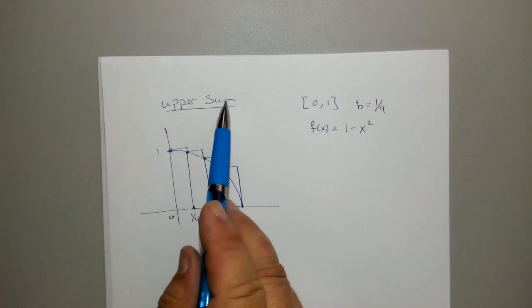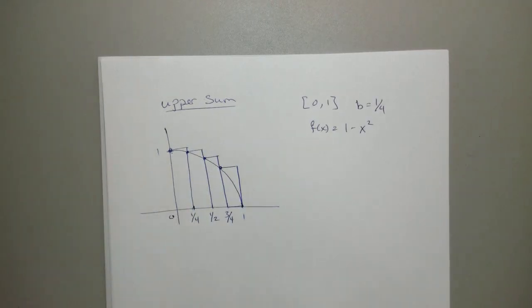Remember, for the upper sum, we're taking the left, and since it's a decreasing function, we're taking the left bounds of each subinterval. Put the same notations there.